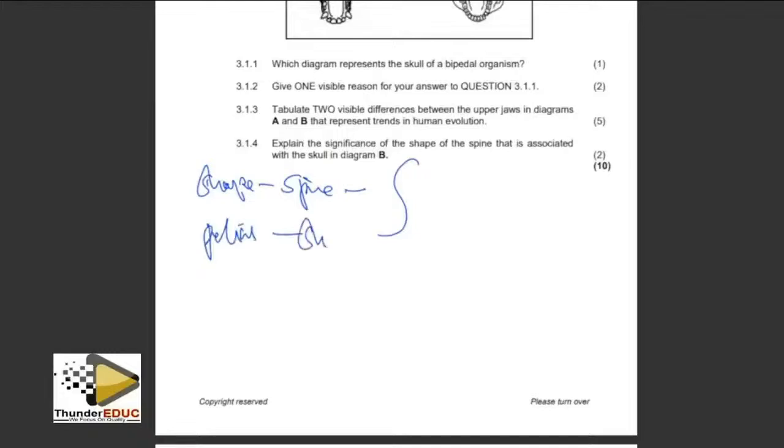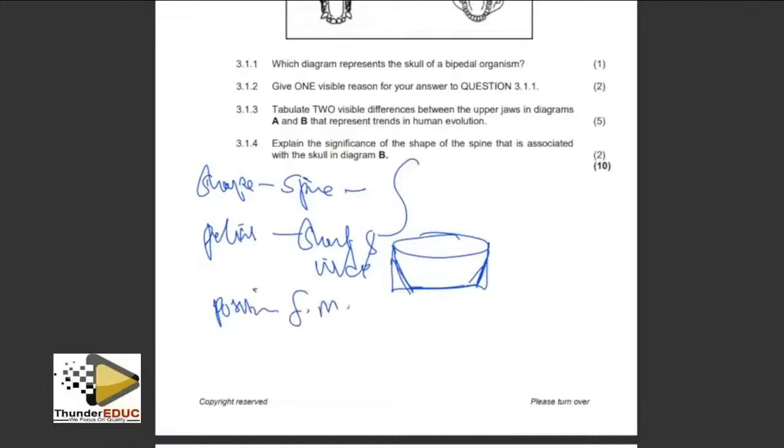The pelvis is short and wide. These are factors which affect bipedalism. If you look at it, it is wide and short. And then the third one is the position of foramen magnum. It is in a forward position. Now before I go to explain this, what is bipedalism?